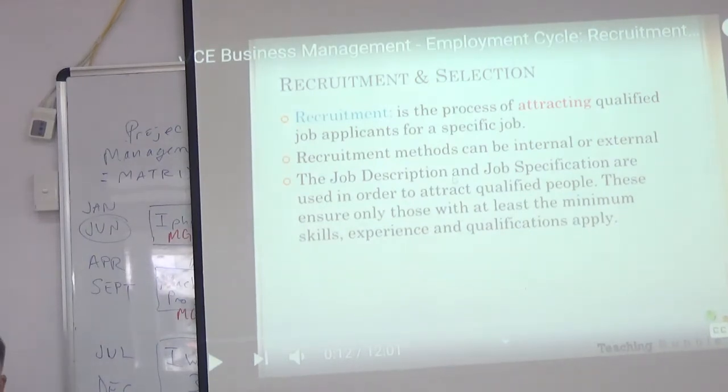Last class, we talked about the relationship between the job analysis and the job description. Job analysis is the research that you do from the employees to figure out what tasks, what responsibilities, and what kind of safety issues might come with a job, and also to figure out how much compensation will be.